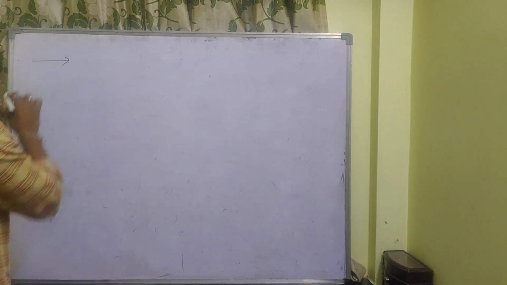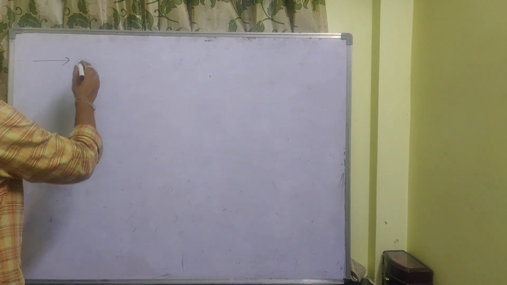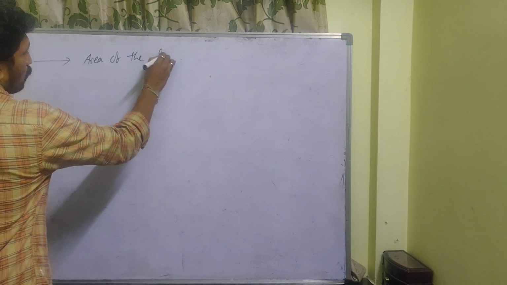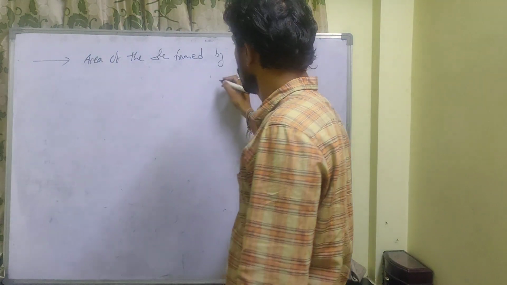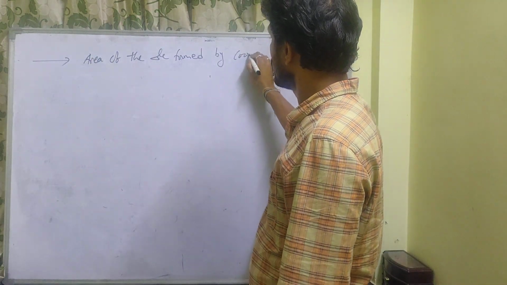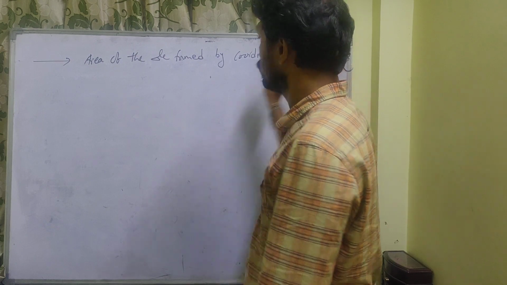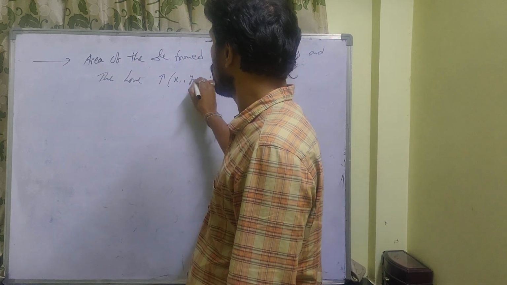Next concept is the area of the triangle formed by the coordinate axes and the line passing through x1 comma y1.